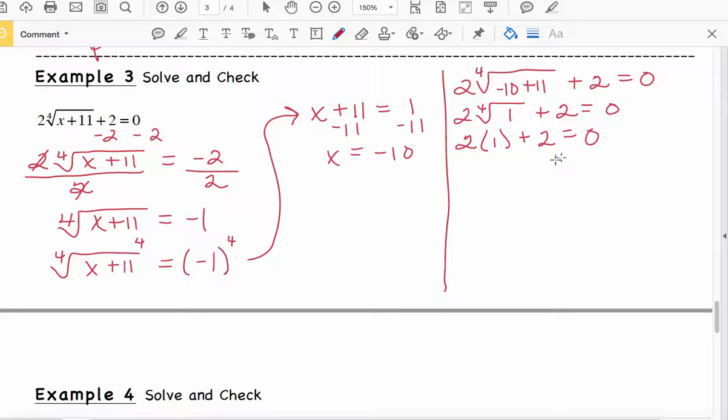And then you end up with 2 plus 2, which is 4. And 4 does not equal 0. And that makes a false equation or false statement. And therefore, this is not a solution, and it is extraneous. It's an extraneous solution.